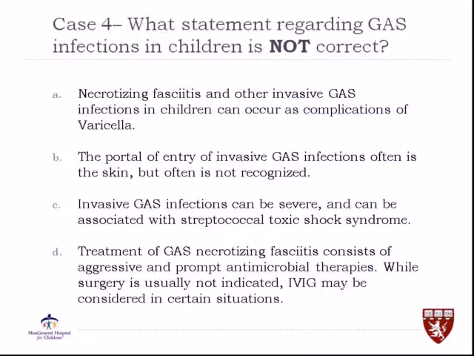D, finally, treatment of group A strep necrotizing fasciitis consists of aggressive and prompt antimicrobial therapies. While surgery is usually not indicated, IVIG may be considered in certain situations. So which one do you guys think is not correct?